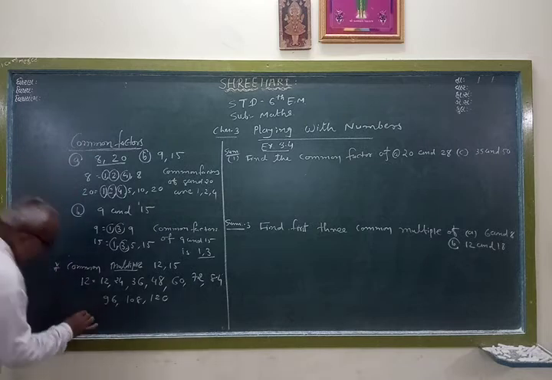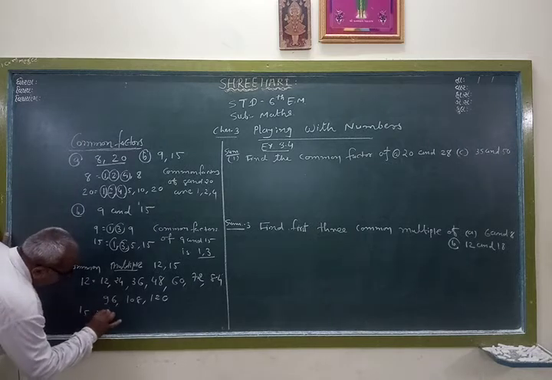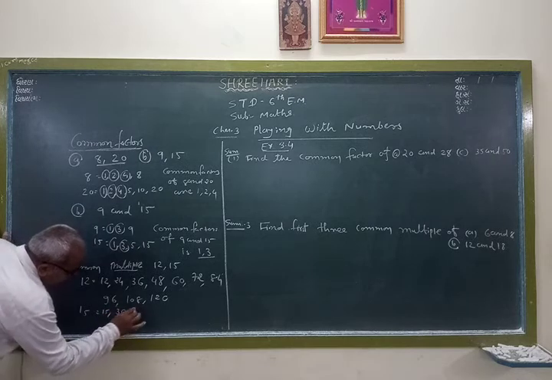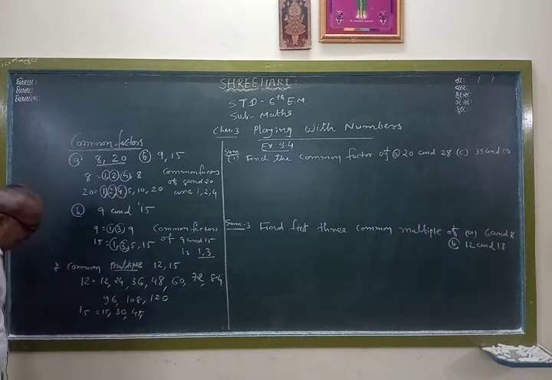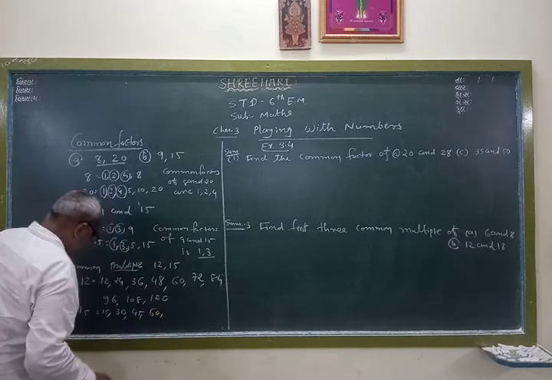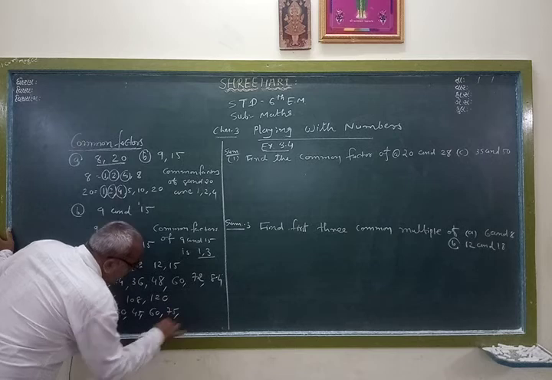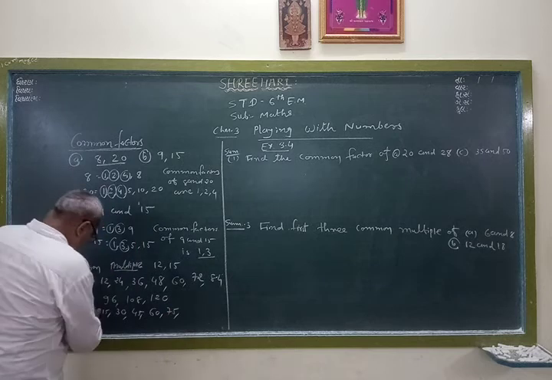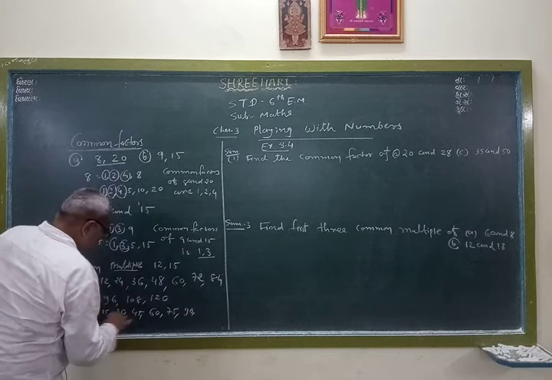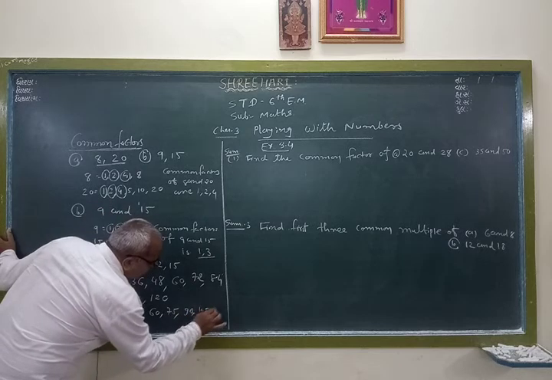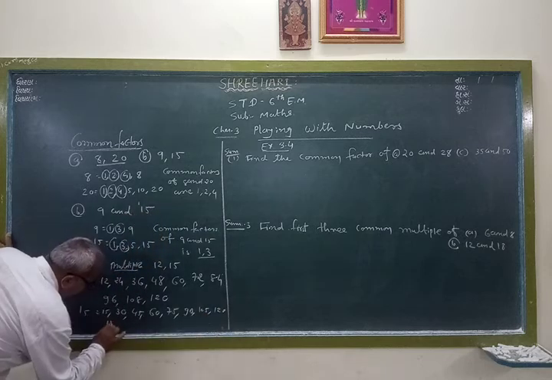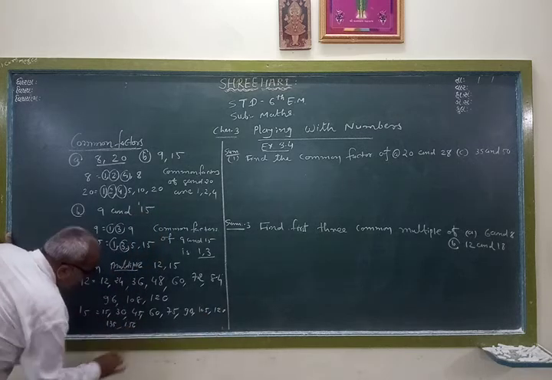Like this 15. So 15 1 ja 15, 15 2 ja 30, 45, then 4 ja 60, 5 ja 75, 6 ja 90, 7 ja 105, 8 ja 120, 135 and 150.